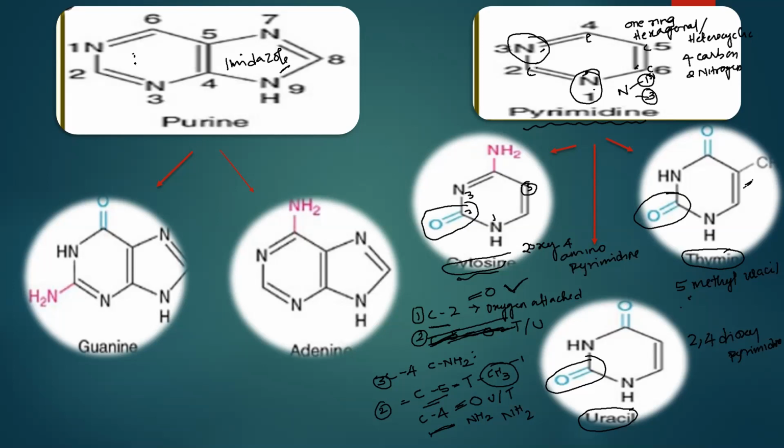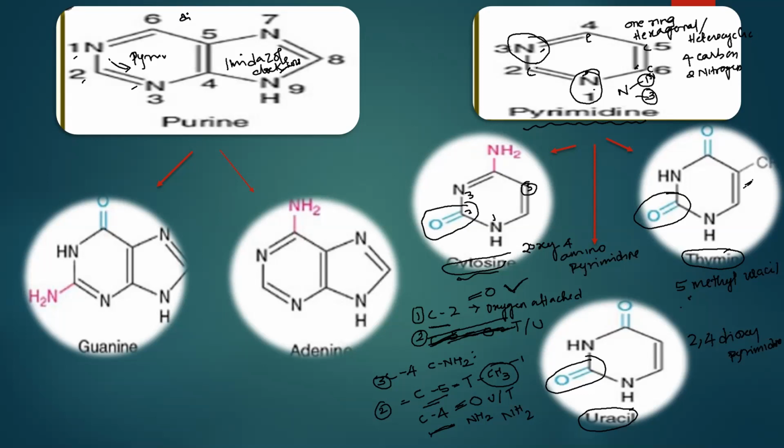Now, the atoms are numbered anti-clockwise in the pyrimidine. So this is the pyrimidine part, and the numbering is in anti-clockwise direction, 1, 2, 3, 4, 5, 6. And here it is clockwise, 7, 8, 9. Then it is 2-ring and it is dicyclic.